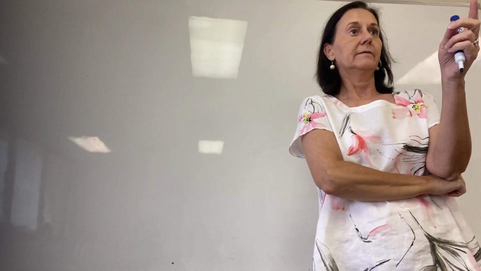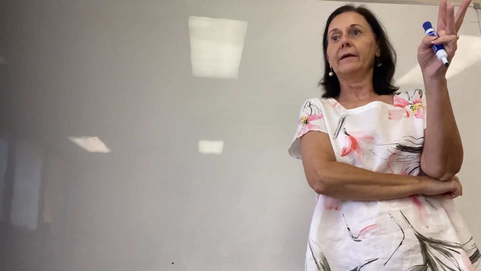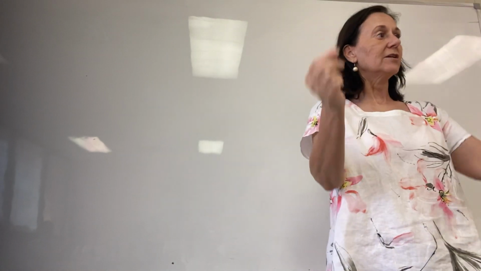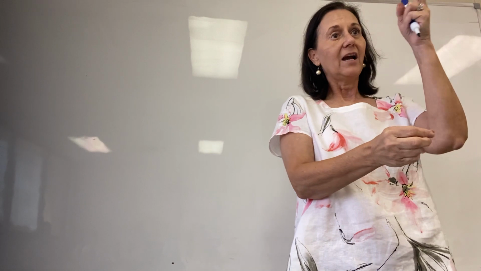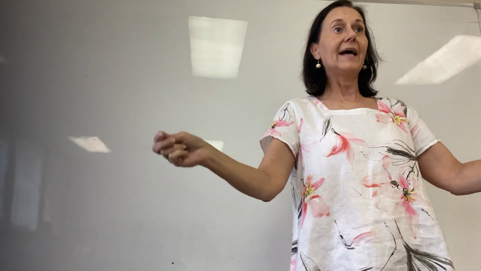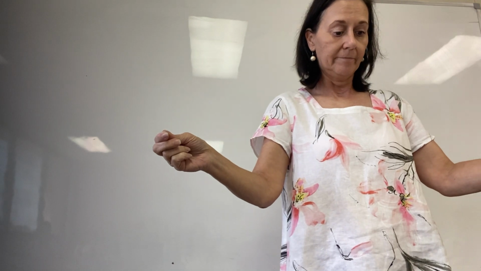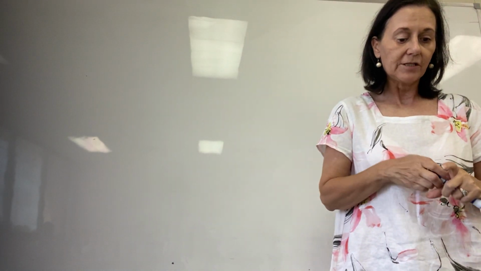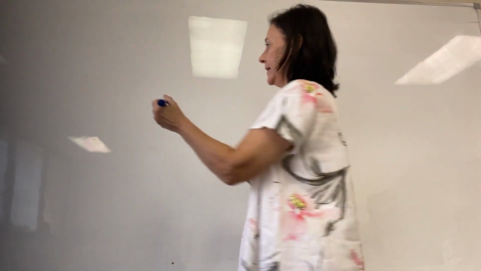How many dimensions is circumference? 1, 2, or 3? 1. That's right. It's as though I took that circle and cut it and laid it out and measured it. That's circumference, okay? If the diameter of a circle is d, its circumference is pi d.